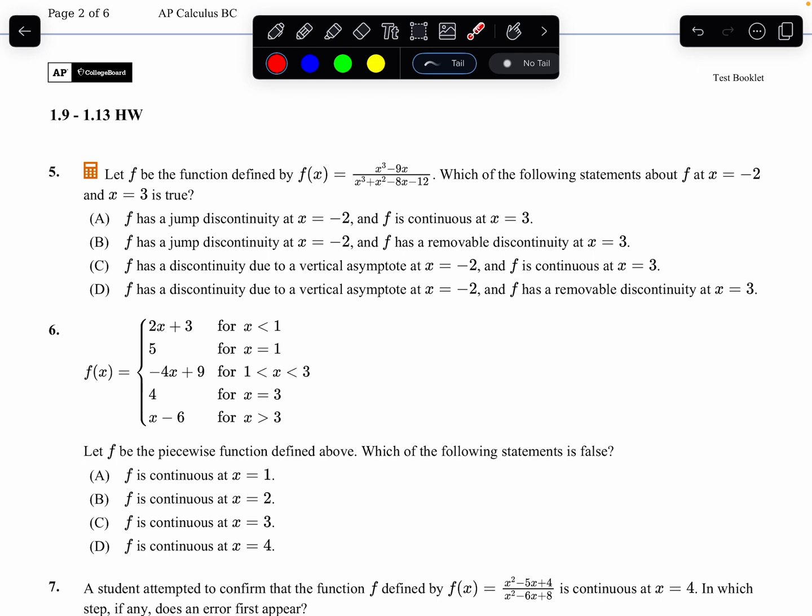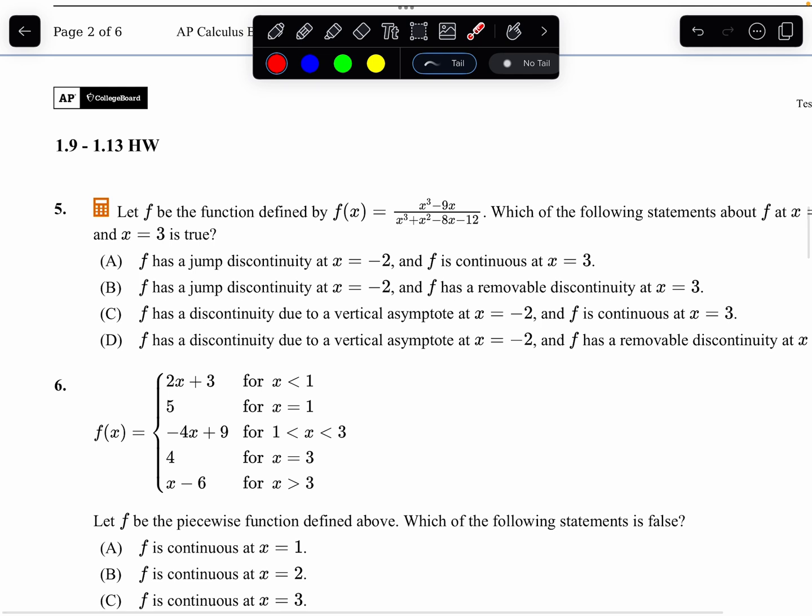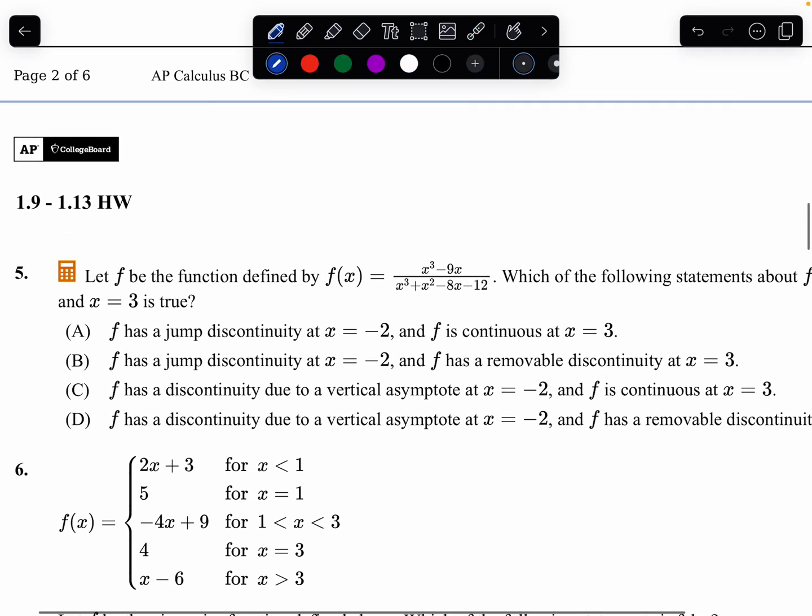Now my question is if I can just factor this and not use a calculator. So I'm going to check really quickly. The numerator has a factor of x, and then that would have x minus 3, x plus 3. So that's the numerator.